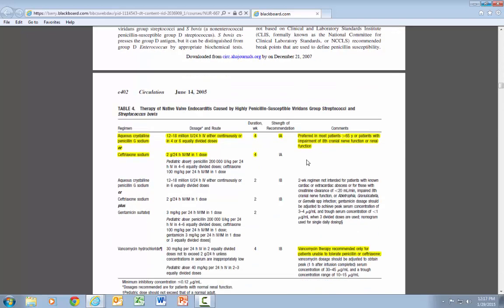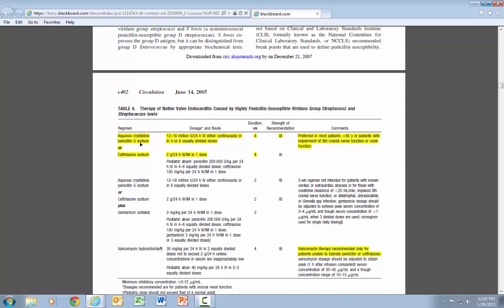Now, this is what I explained in the prior video. If we follow recommendations for different microorganisms, including streptococci viridans, bovis, staphylococci, and others, you would see that the majority of the choices for antibiotic have something in common.